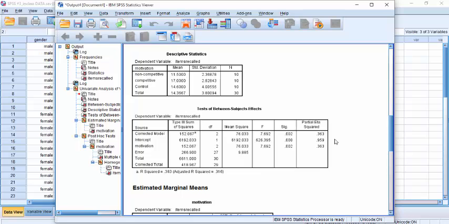So we're going to go and look at this box, the tests of between-subjects effects. So here, this is our ANOVA table. This is going to tell us if our one-way ANOVA was in fact significant. So you want to look at source first and look at our independent variable, which is motivation. So we go over, see our degrees of freedom was 2. So again, that's the number of groups minus 1.